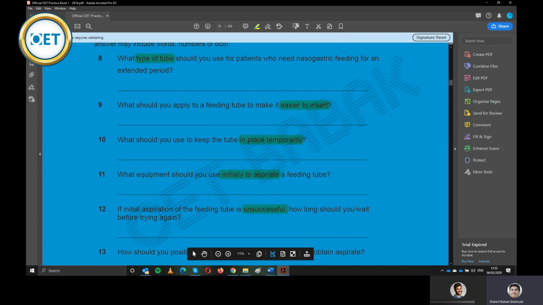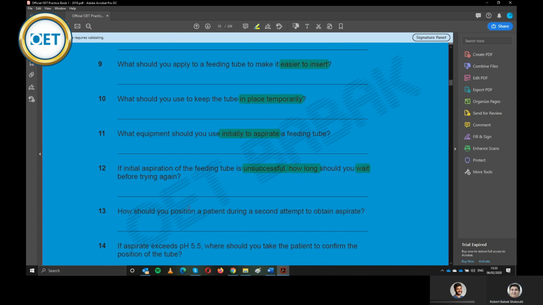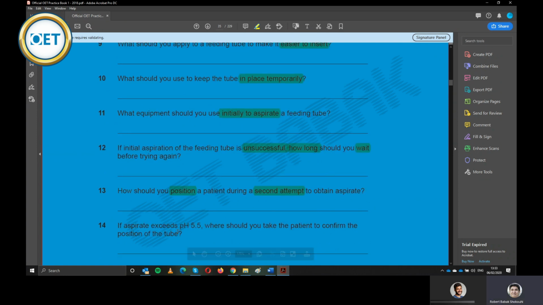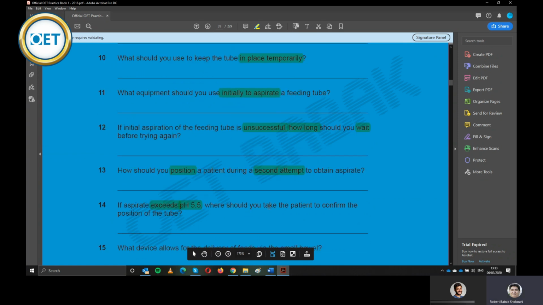Unsuccessful, how long to wait? Position, second attempt. Aspirate exceeds 5.5. Where should you take the patient to confirm the position of the tube? Probably X-ray.